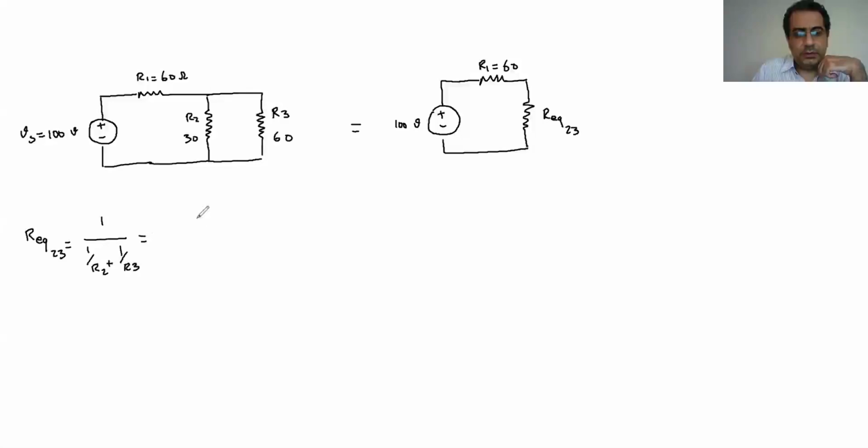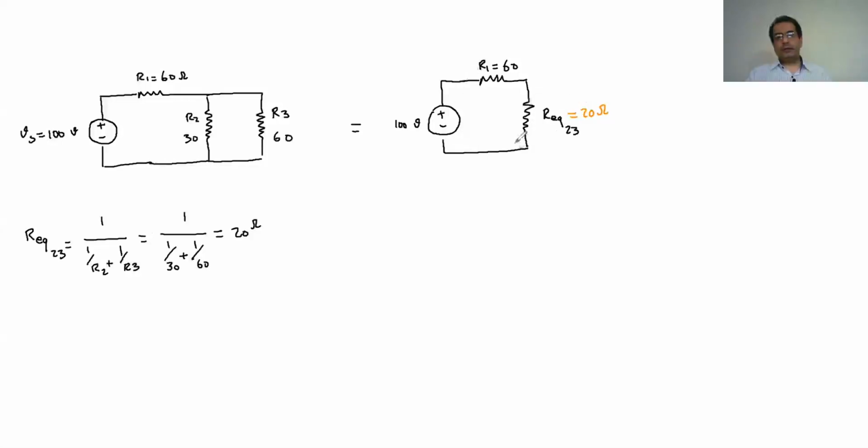So it's 1 over 1 over 30 plus 1 over 60, which if I do it right, should come out as 20 ohm. So now I know this one is 20 ohm.